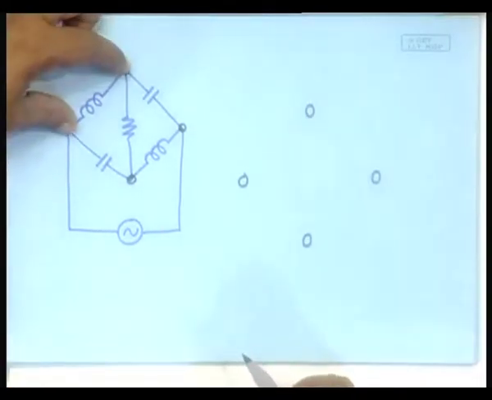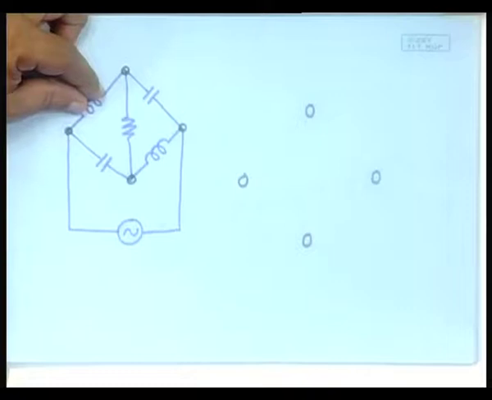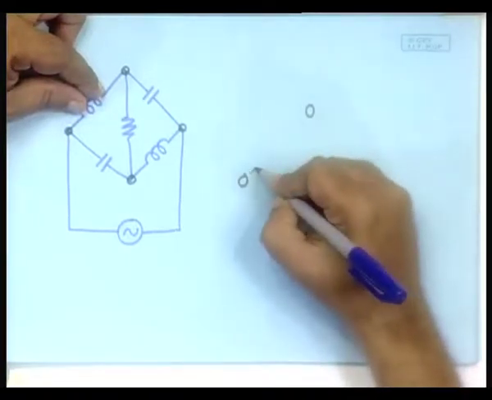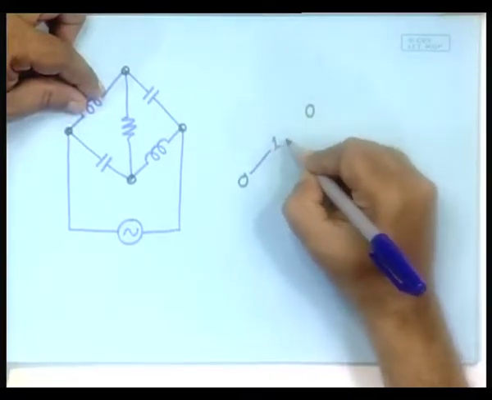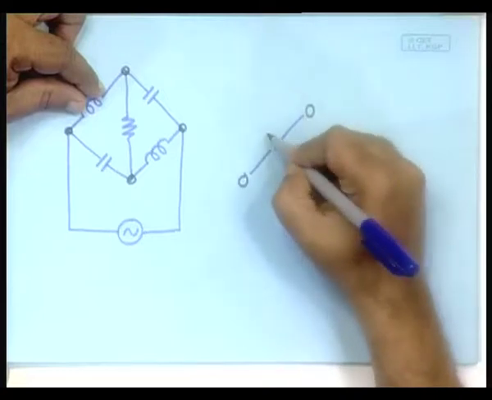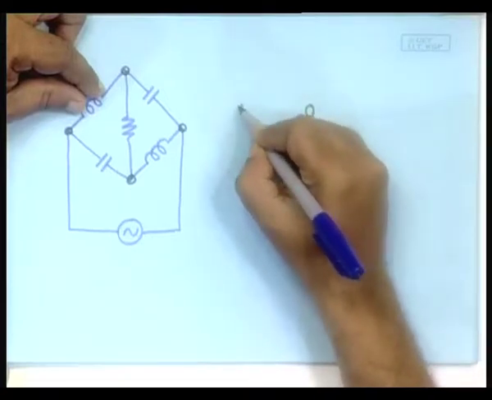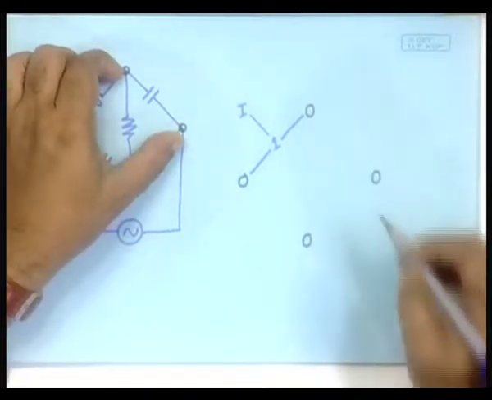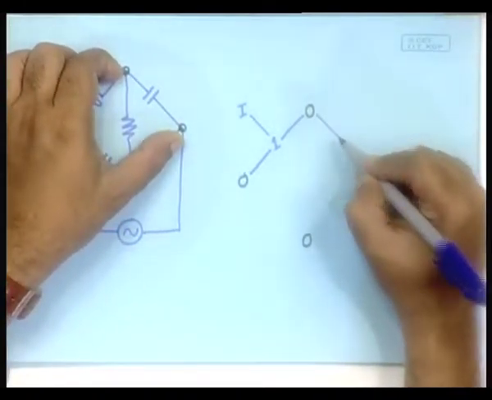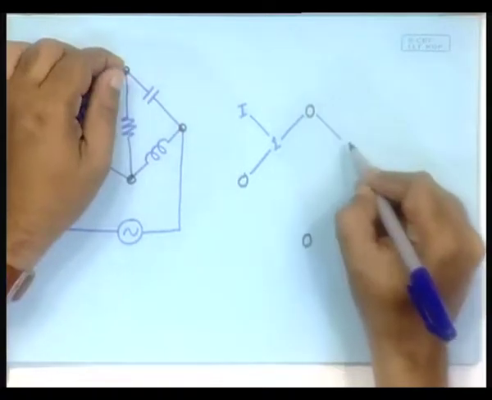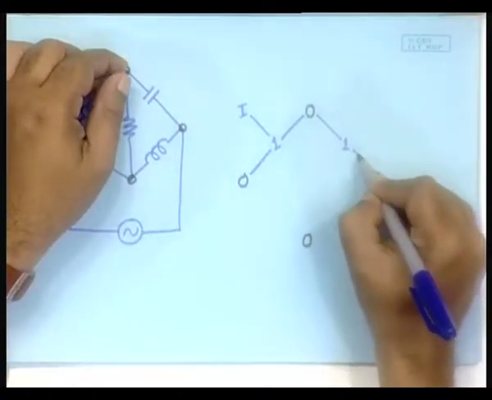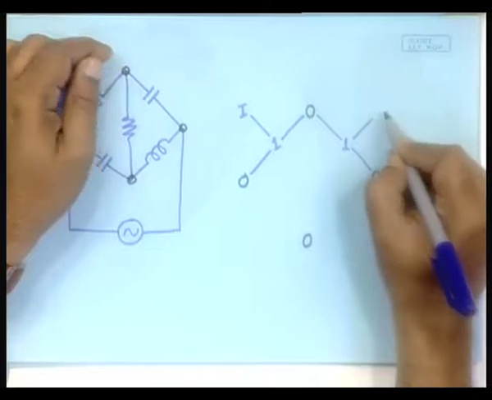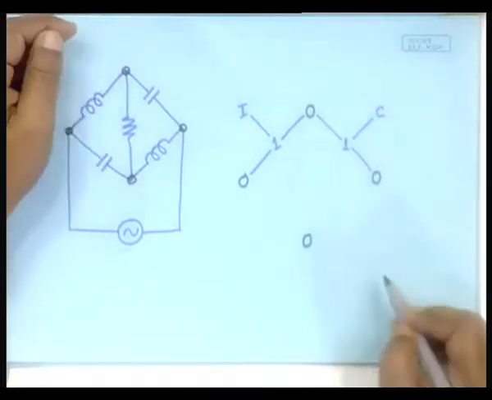In between, this is connected, so we will connect them by 1, and what is connected to it? An I element. In between these two, there is a capacitor, connected in series, that will be our line of logic.